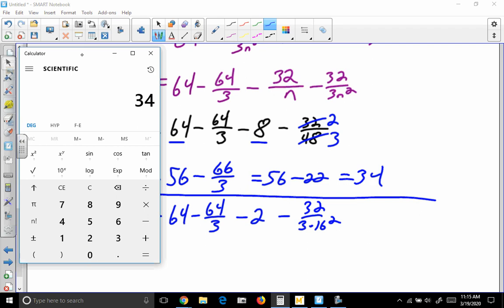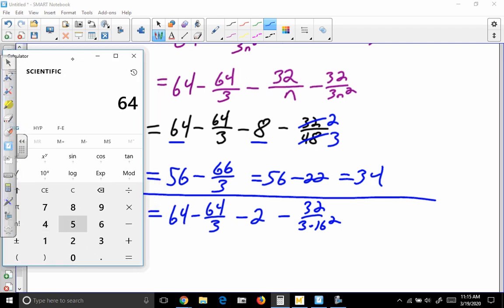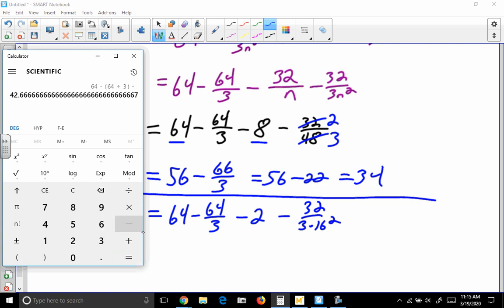So we have 64 minus the result of 64 thirds minus 2 minus the result of doing 32 over 3 times 16 squared.